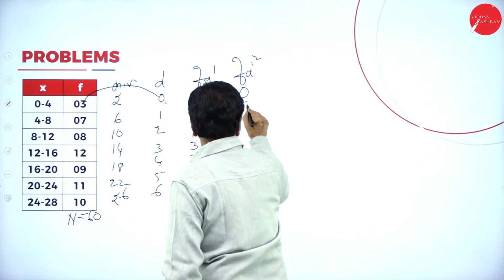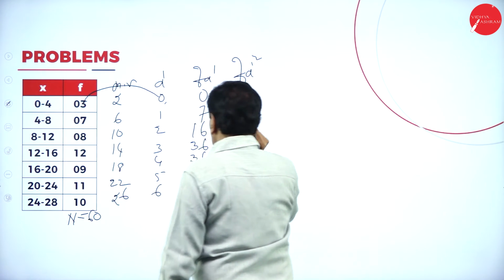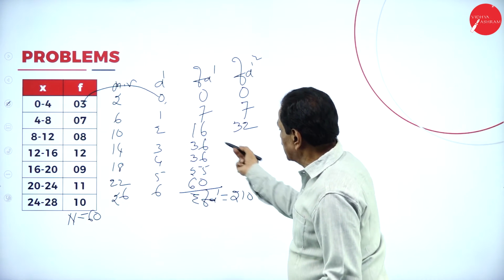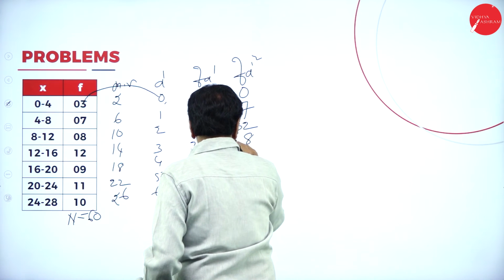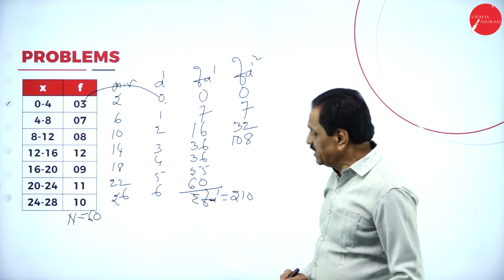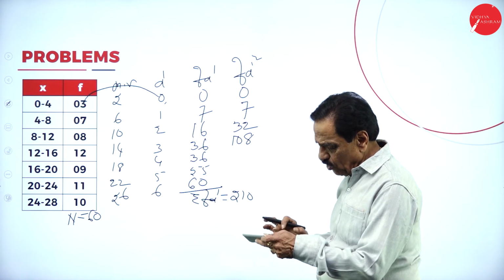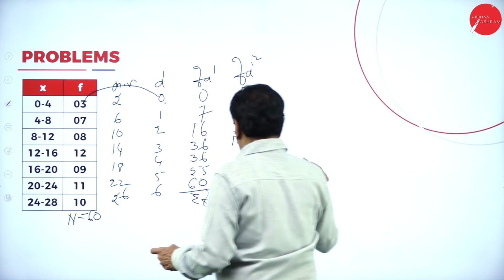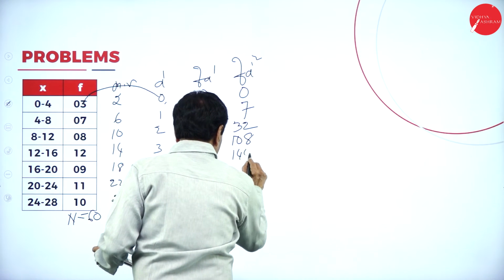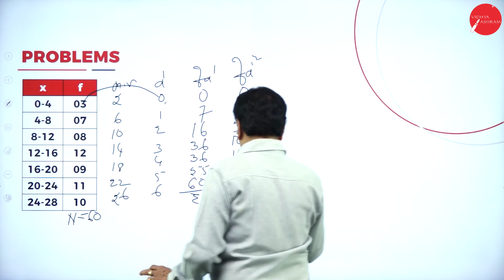7 ones are 7. 16 twos are 32. 36 into 3, 108. 36 into 4 is equal to 144. Then 55 into 5, 275.